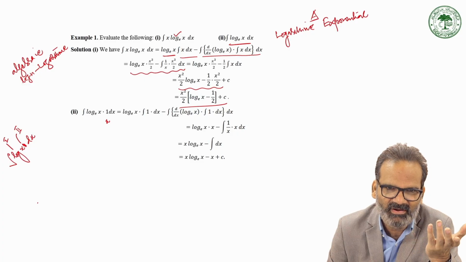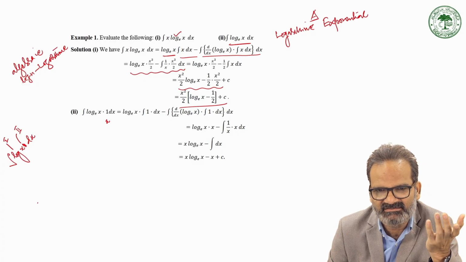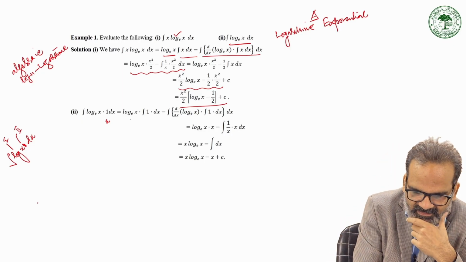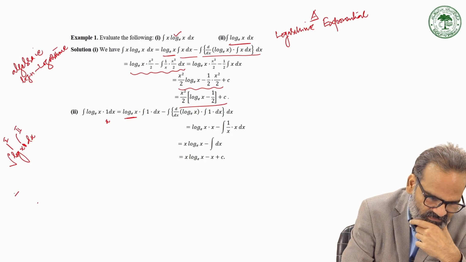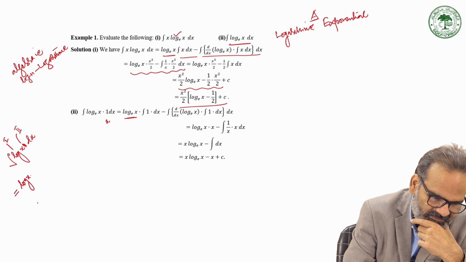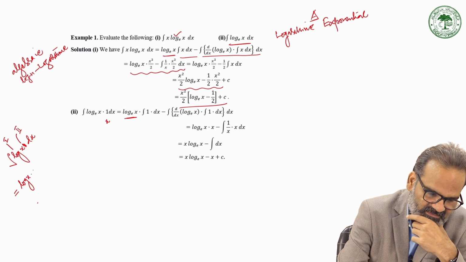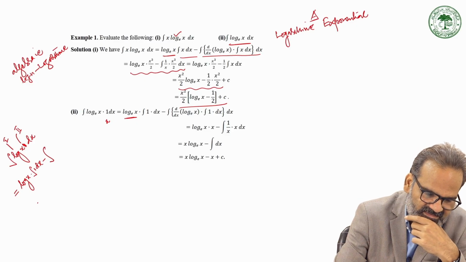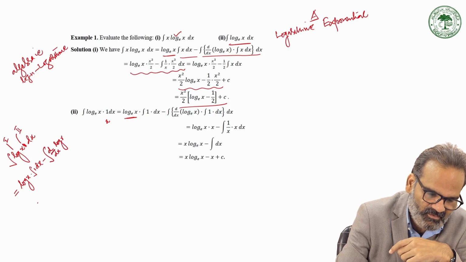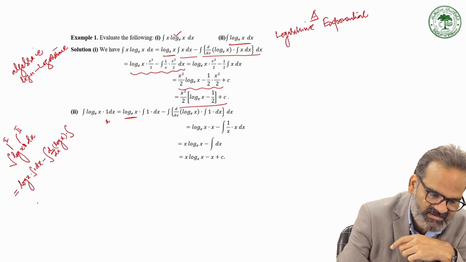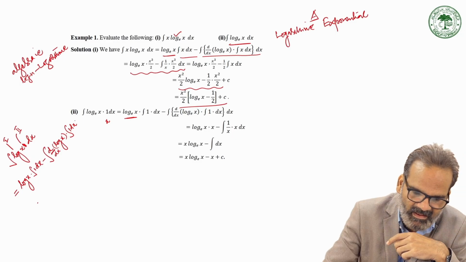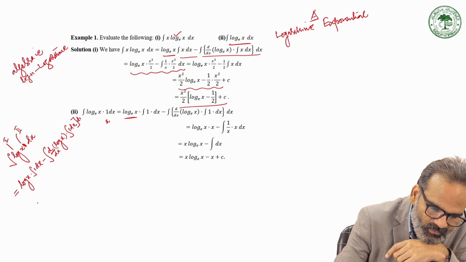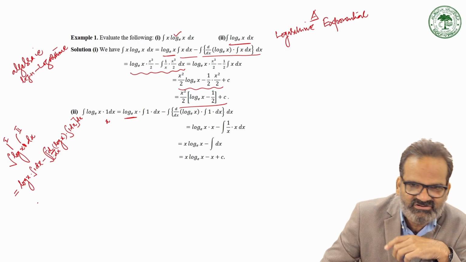Clear? And now you can use the method of integration by parts as usual, as we used in the last example. See, log x will remain as it is, right? This is equal to what? First function as it is, into integral of the second function. So integral of the second means 1 dx, minus integral of the derivative of the first function, that is the derivative of log x, into integral of 1 dx again, and then this should be enclosed in a bracket and dx should be written outside.